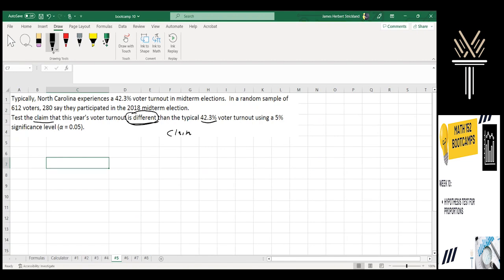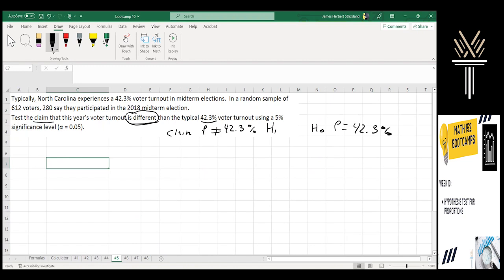So our claim here is that the proportion is not equal to 42.3%. Again, this is the alternative statement because there's no equal to. Its complement, though, if I wanted to know the null hypothesis, would be equal to.